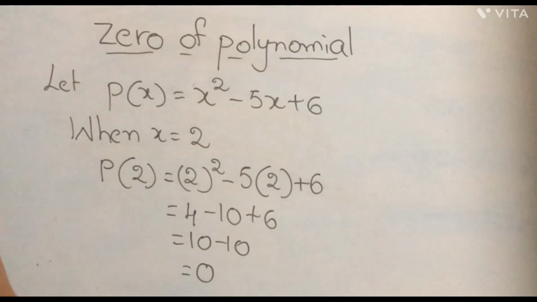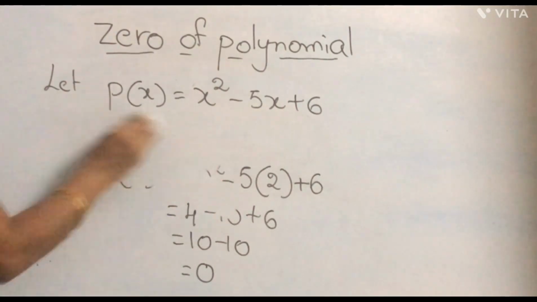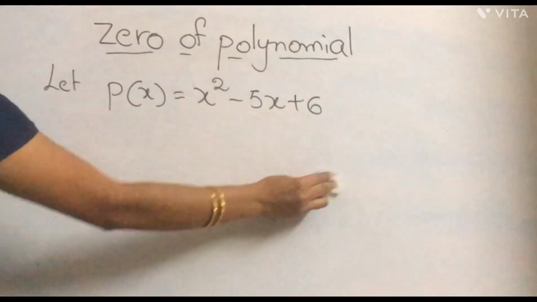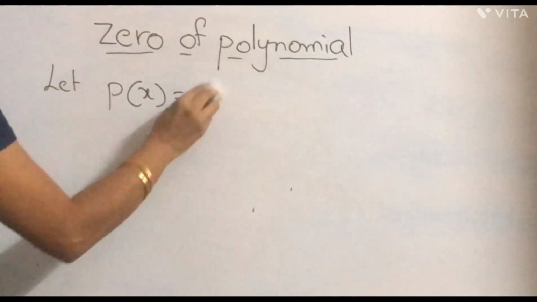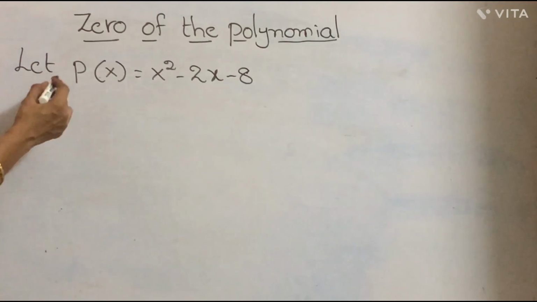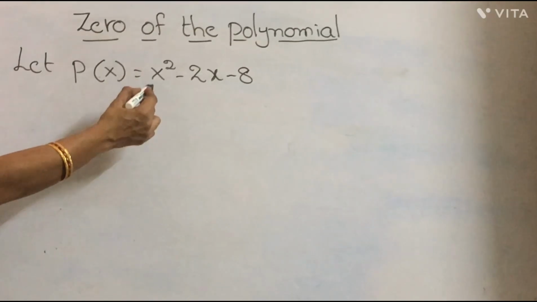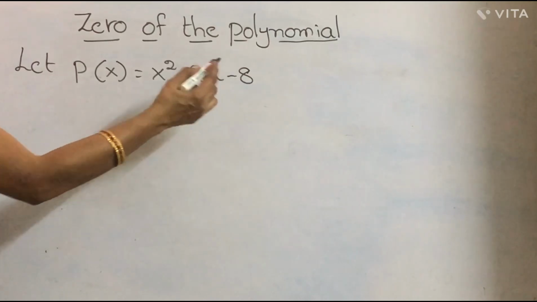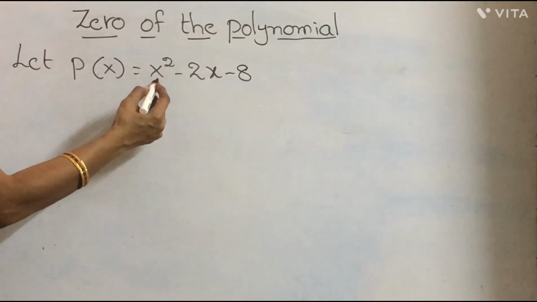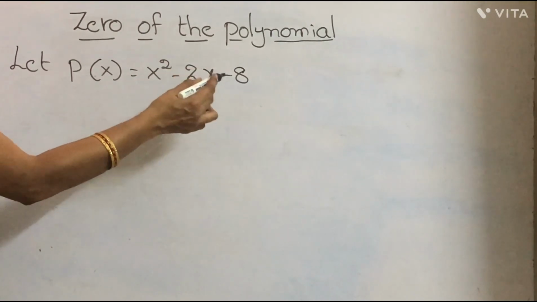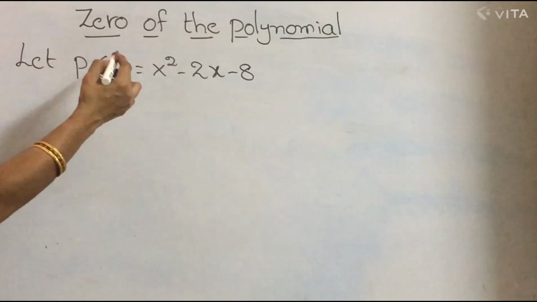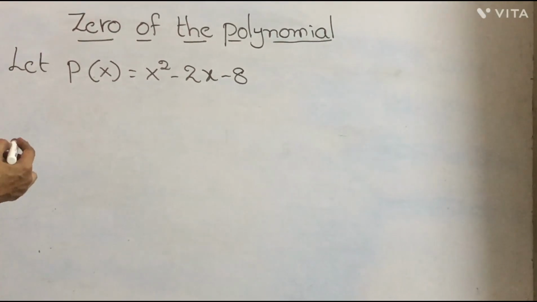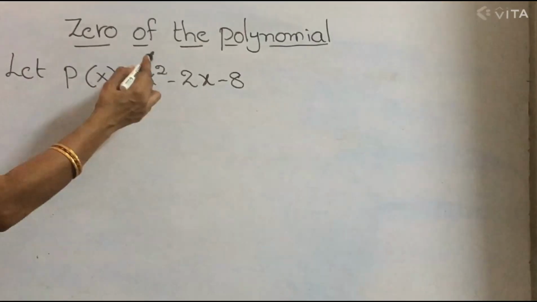Now I am going to take one more example to find the zeros of a quadratic polynomial. Let p of x be equal to x square minus 2x minus 8. It is a quadratic polynomial because its degree is 2. A quadratic polynomial has at most 2 zeros because its degree is 2.